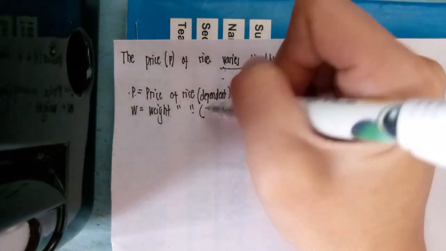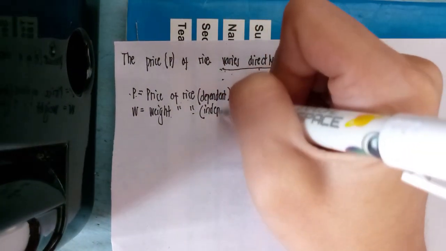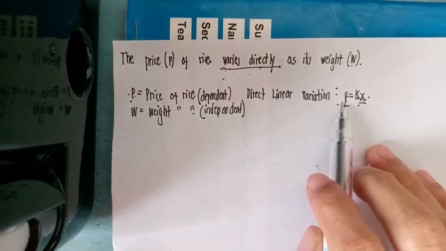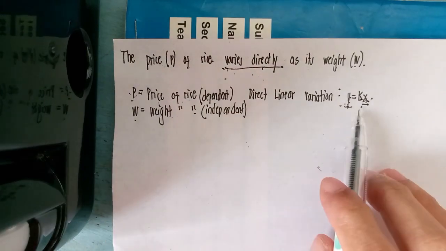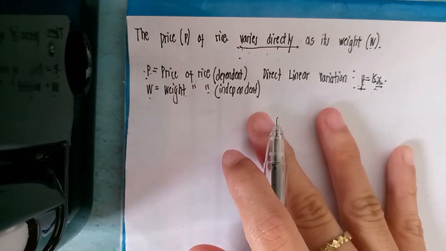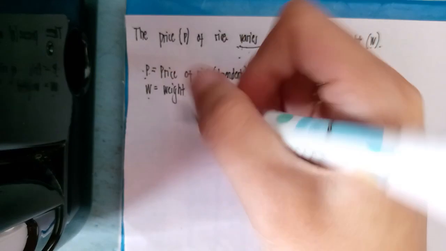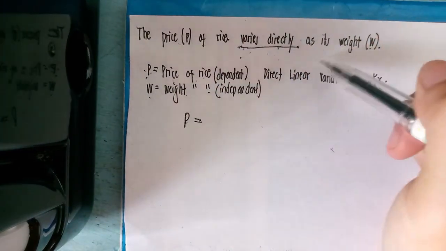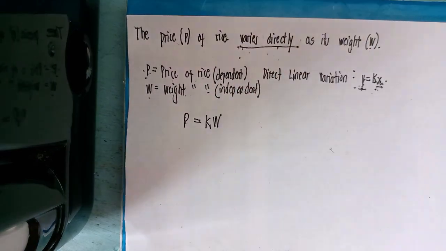And therefore, the W, the weight, is the independent. So, si P, ipuli sa y, kay dependent, and W, ipuli sa x. So, to create the equation for this statement, we have P, the price of rice, varies directly as its weight: P equals k times W.